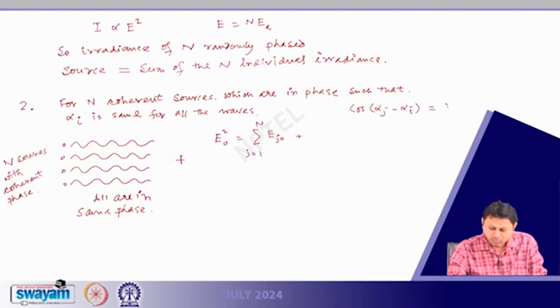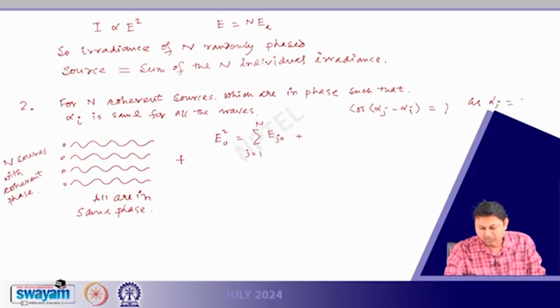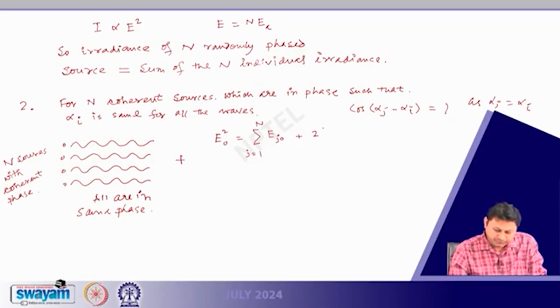This will be 1 as alpha j is equal to alpha i. So we have 2 times the sum over j greater than i, going from 1 to n, of Ej0 and Ei0.